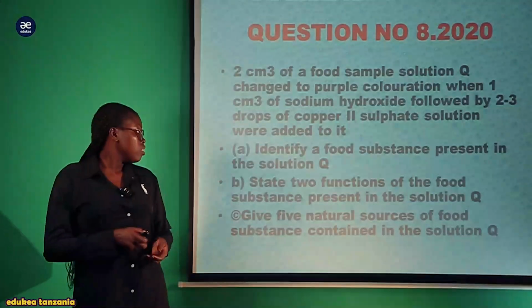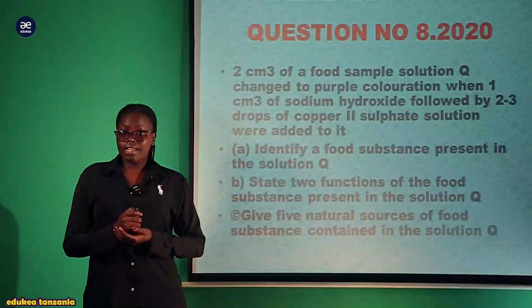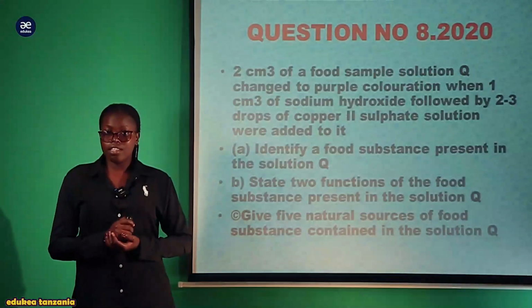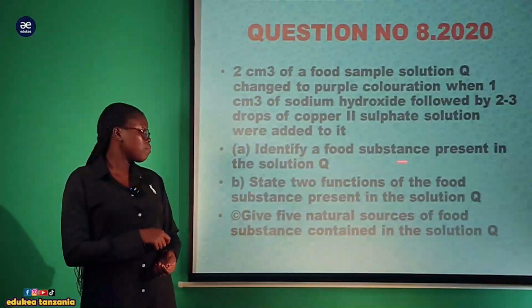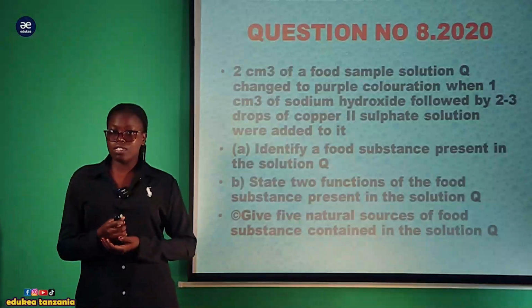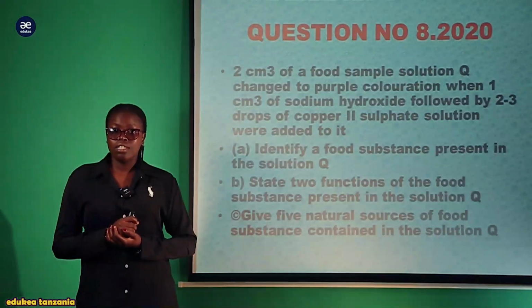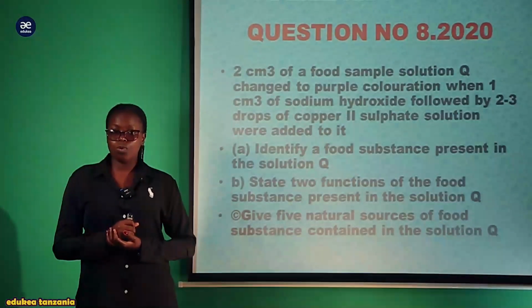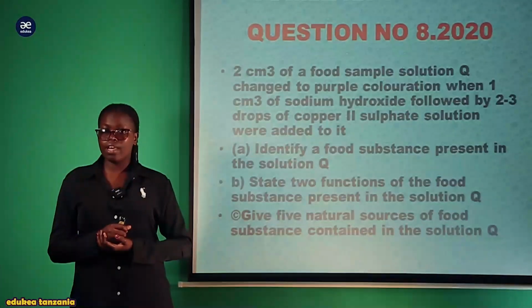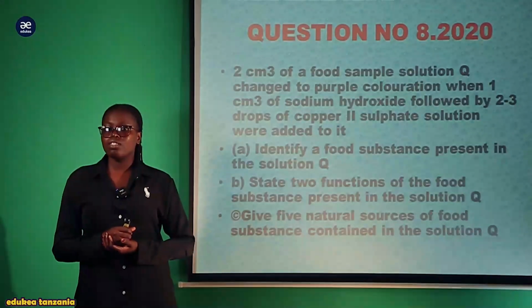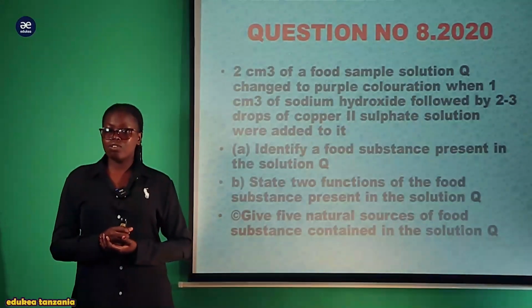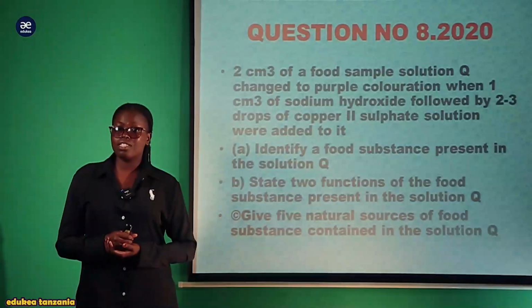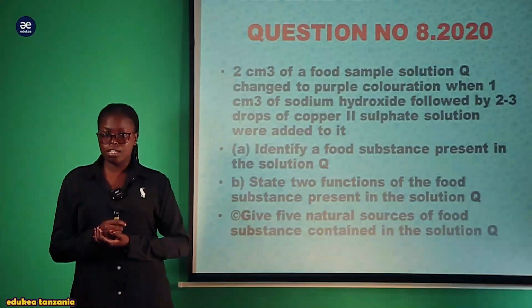According to the scenario given, the food substance present in solution Q is protein. In the test for protein, once you add drops of sodium hydroxide and copper sulfate and the solution turns purple, that indicates the presence of protein.